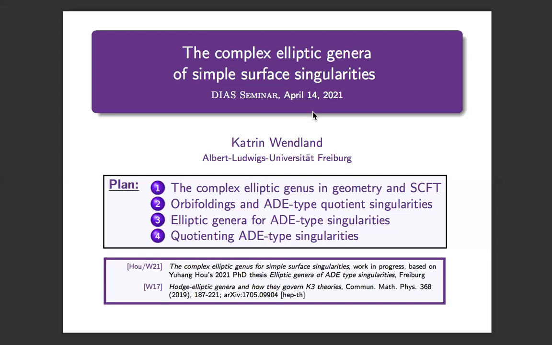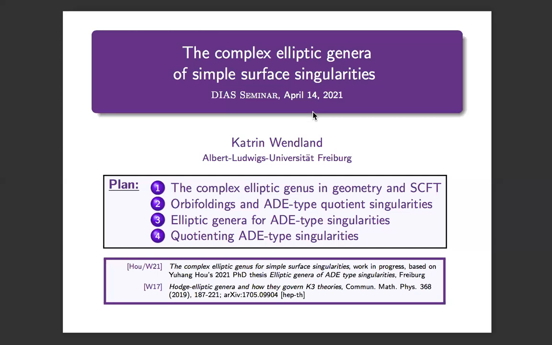So the idea goes into a similar direction. One can actually introduce complex elliptic genera and elliptic genera in general by starting from the Euler characteristic and then refining. So by what I said earlier, this is an invariant which allows you to give some information about cohomology of the spaces that you're looking at on the one hand, and in physics about certain BPS states and the dimension of spaces of BPS states. So that's the general context here.